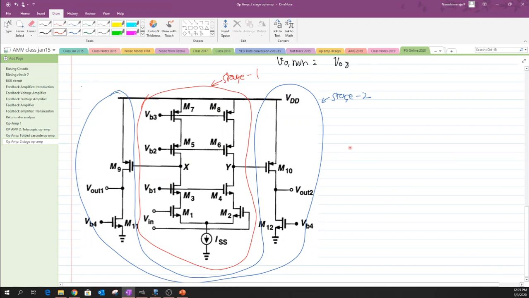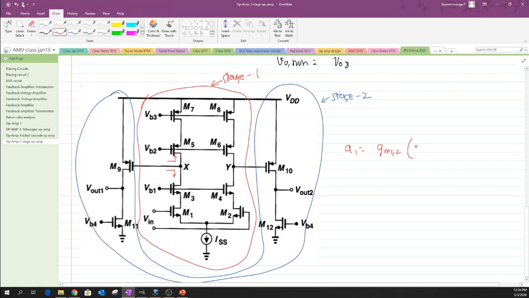So, now the stage 1 gain can be written as gm times Rout, and this stage 1 is pretty much the same as we had discussed for a telescopic op amp. So, one could quickly write the gain expression as minus gm1,2 into the output impedance, and when we look for the output impedance one could quickly evaluate it by looking across the drain of M5 as well as the drain of M3.